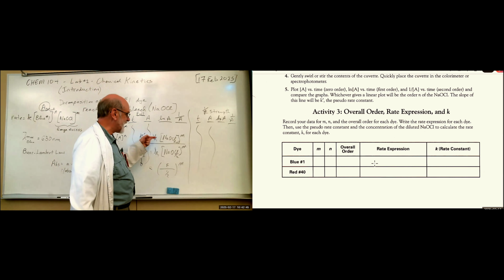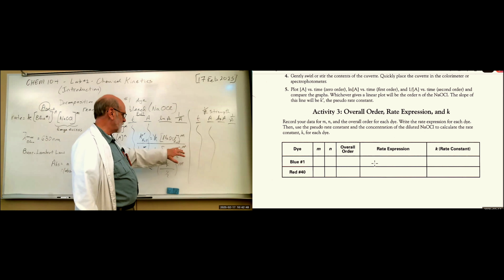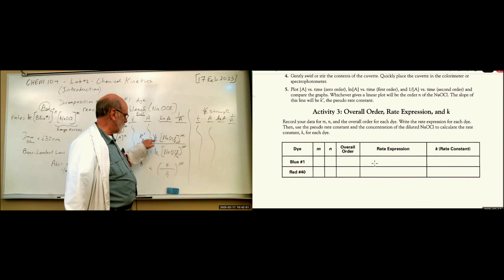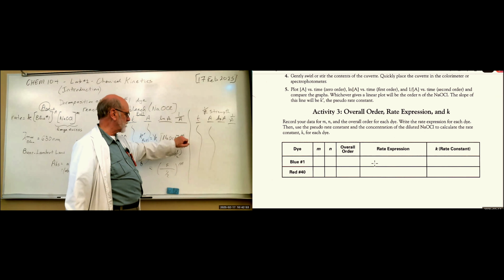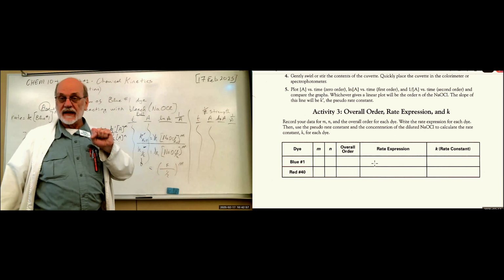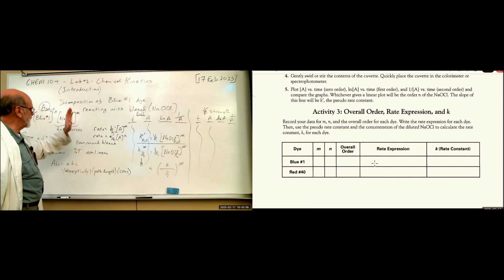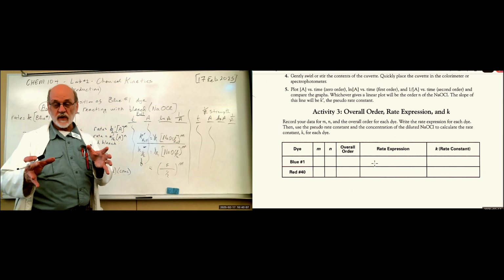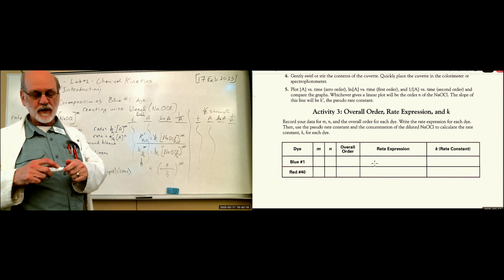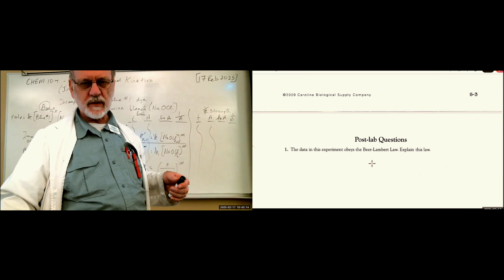Now that we get K out of that, first we get the order out of it, and then we go back to one of them and we find out what K is. Once we have the order, we can plug it in there. We have this value, we have that value, we can solve for K. Now that we have K, we can write our full expression. K here, blue to that order, sodium hypochlorite to that order. That's where we're headed.